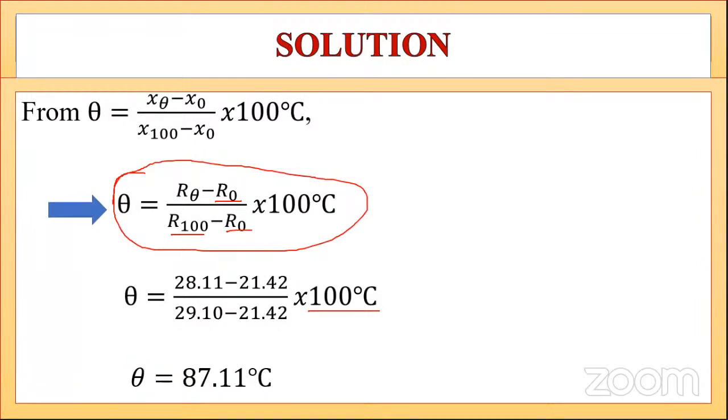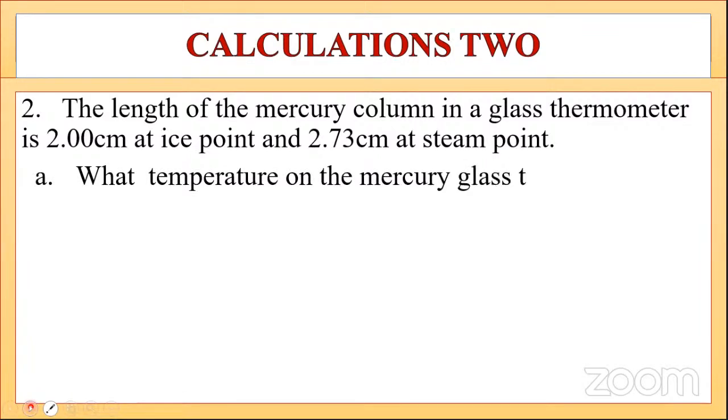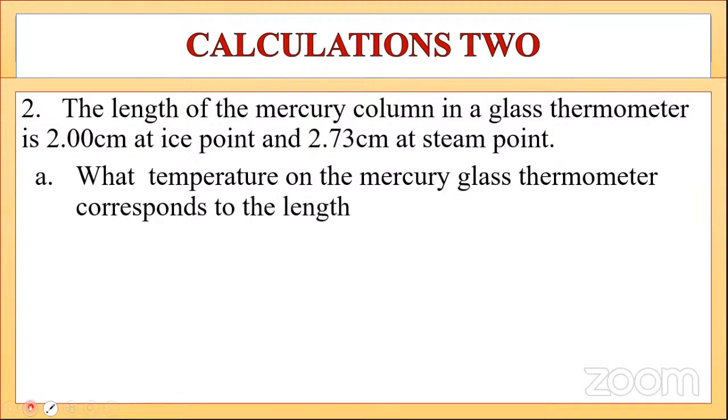So the next number is right up here. The length of the mercury column in a glass thermometer is 2.00 centimeters at ice point and 2.73 centimeters at steam point.